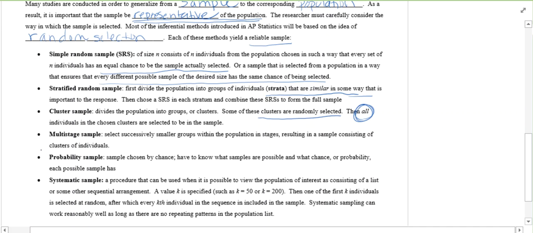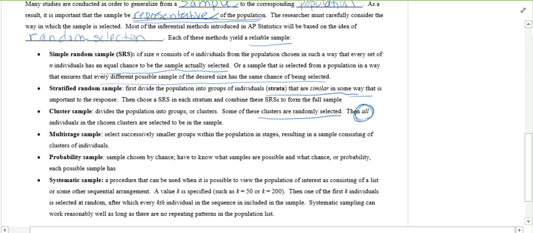Okay, so maybe they select 2 buildings. So they select the I building and they select the R building. Then they're going to sample all the individuals who are in there during second period. So every student that's in the R building, every student that's in the I building, they all become the sample. Okay, but the difference here is you randomly select a cluster, then you select everyone in that cluster.